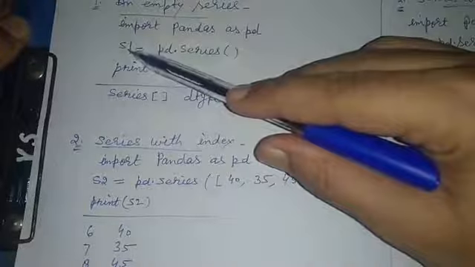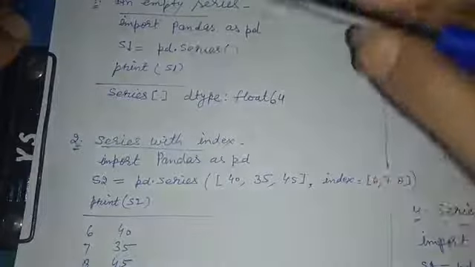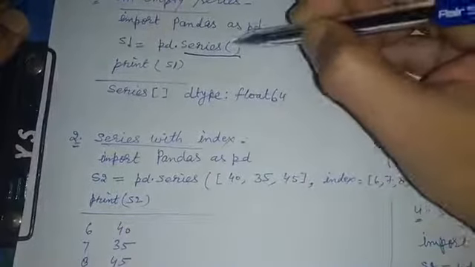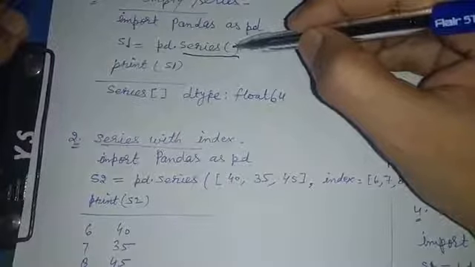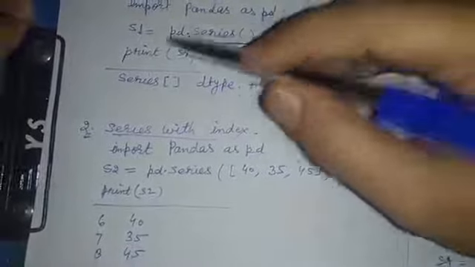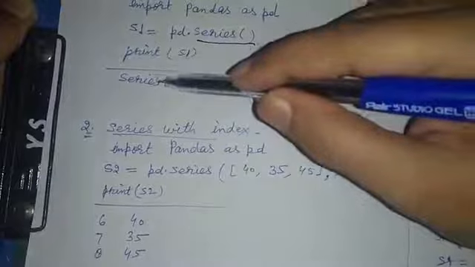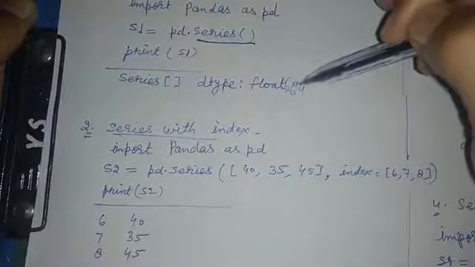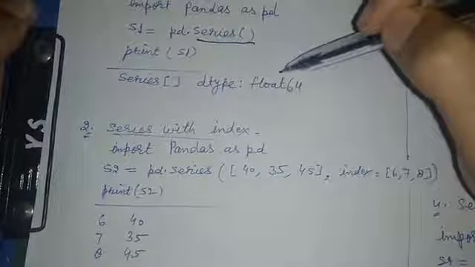Then s1 is equal to pd.Series. This is the method which is used to create a series. As we have not provided any argument in the function, it will create an empty series. Let's print s1. You will get output like that, empty series, and dtype float64. It means the data type of the data is float.